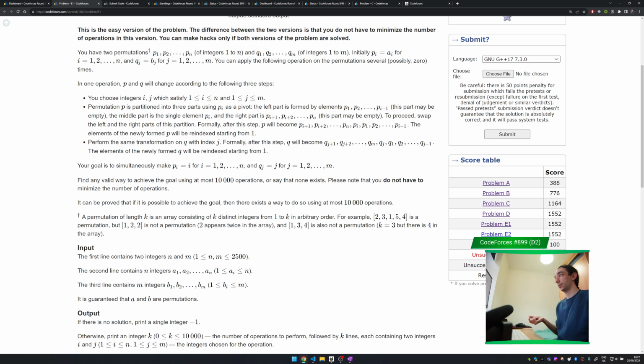If you sort one of the permutations, then the other permutation will be sorted, and you can always choose the first and the last element, and then this will just bring it back to normal. So the idea is how you can sort one permutation. That's the problem.